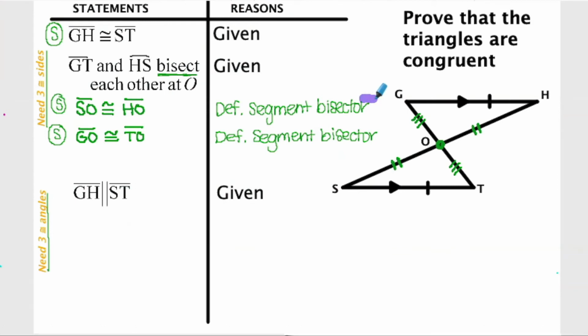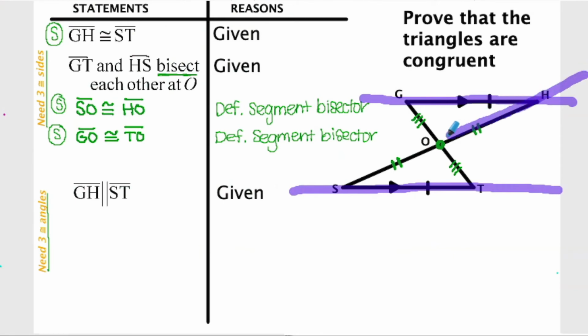Yeah. So it might help to think, okay, if these lines are parallel, what could we use for a transversal? Maybe we could use this for a transversal. Can you see any angles then that would be congruent? Could we say that angle H up here and angle S down here, wouldn't those be alternate interiors?